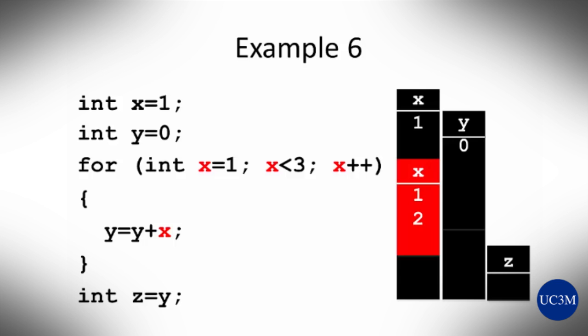In each run of the loop, y accumulates the value of x. So in the first run, it gets value 1, and in the second, it gets value 1 plus 2, 3. So when we exit the for loop, the variable x disappears, y has the value 3, and this is the value we store in y.